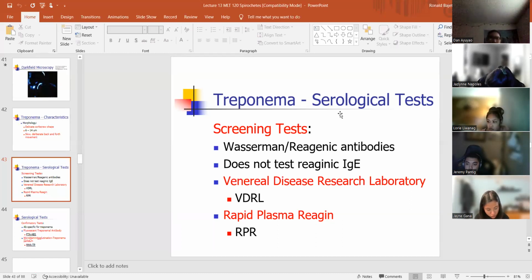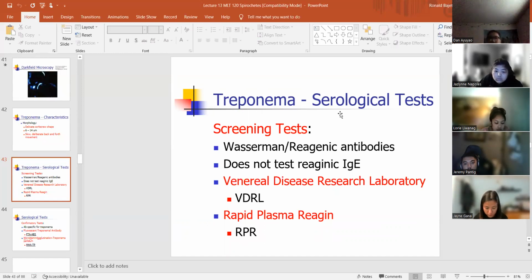Screening tests for the treponemes. Usually when there's a screening test, the objective is to find out if the patient is positive for syphilis. The organism is Treponema pallidum. Screening tests can be Wassermann reagenic antibodies, no, we're not going to use that, or reagenic IgE, no, we're not going to use that.